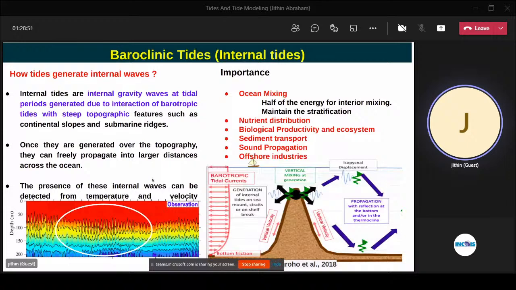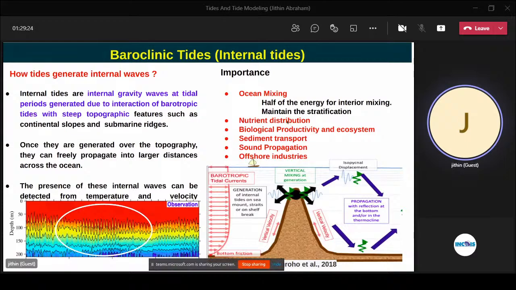One of the significant consequences of internal tides in the ocean is vertical mixing. When these internal waves break inside the ocean, they cause strong vertical mixing, which provides about half of the energy for interior ocean mixing, and it also helps to maintain the observed stratification.